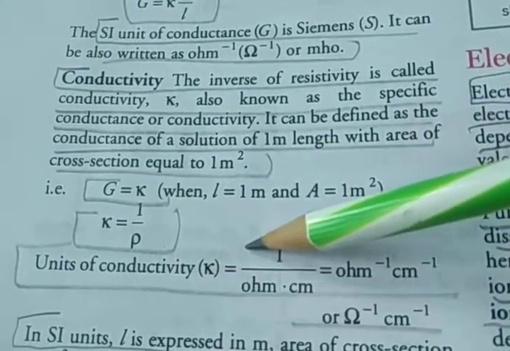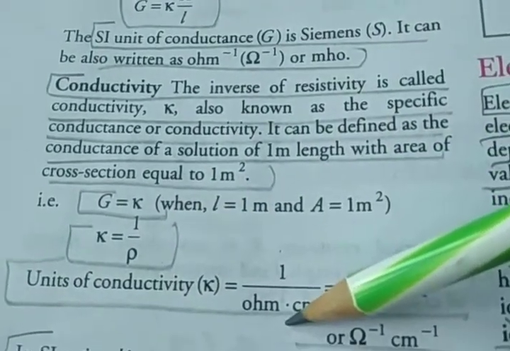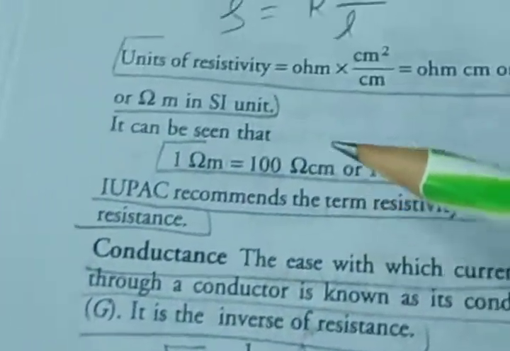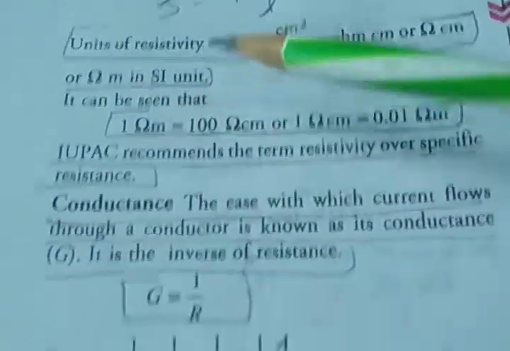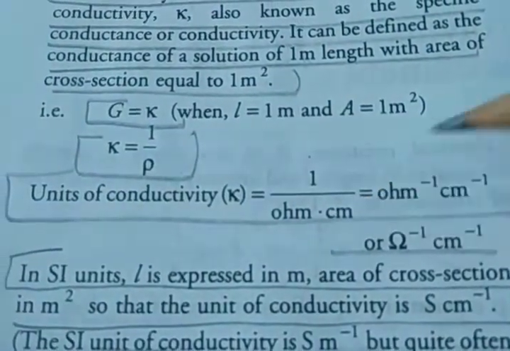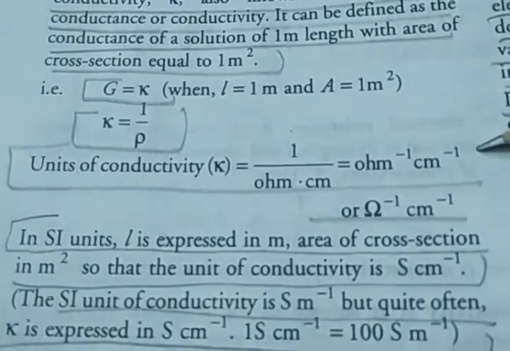The units of conductivity kappa are the inverse of rho units. We already know the unit of resistivity is ohm meter, otherwise ohm centimeter. So the units of conductivity are ohm inverse centimeter inverse.